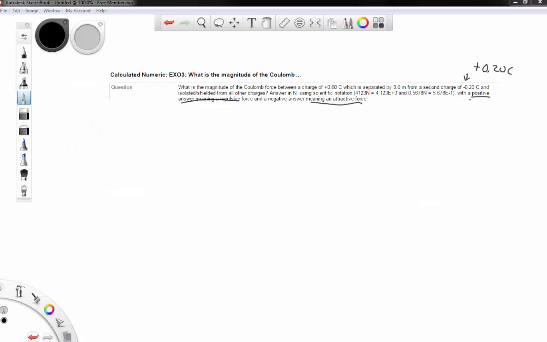All right, what we have is that the force should be k times Q1 times Q2 over r squared. So let's go ahead and draw that just for fun. So here's the positive charge. This was 0.6 coulombs, it's going to be separated by a distance of 3.0 meters from a negative charge of minus 0.20 coulombs.